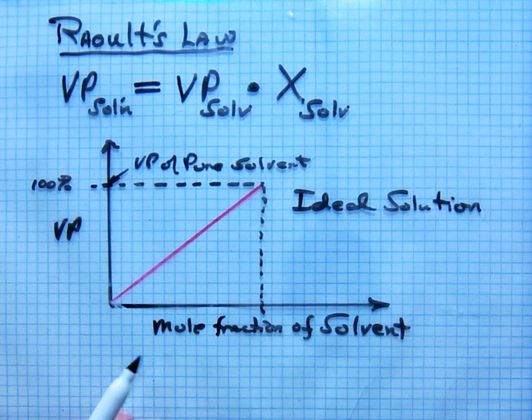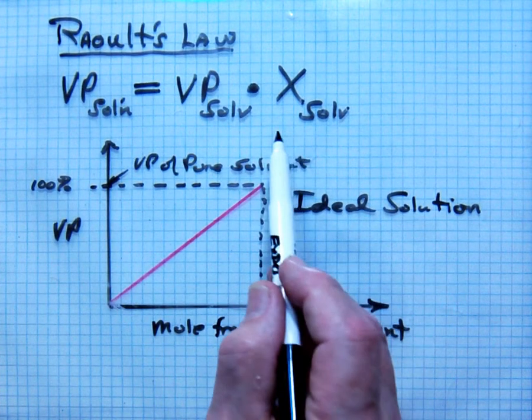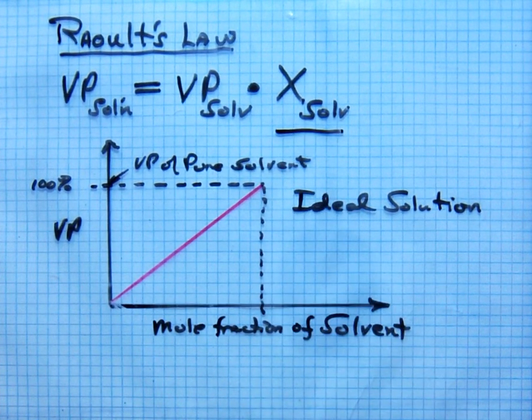Anyway, the questions that you'll run into will be to calculate the vapor pressure of a solution. Now the problem is that the mole fraction of solvent is difficult to identify, but the mole fraction of the solute is easy to identify, in a problem and in laboratory activities.